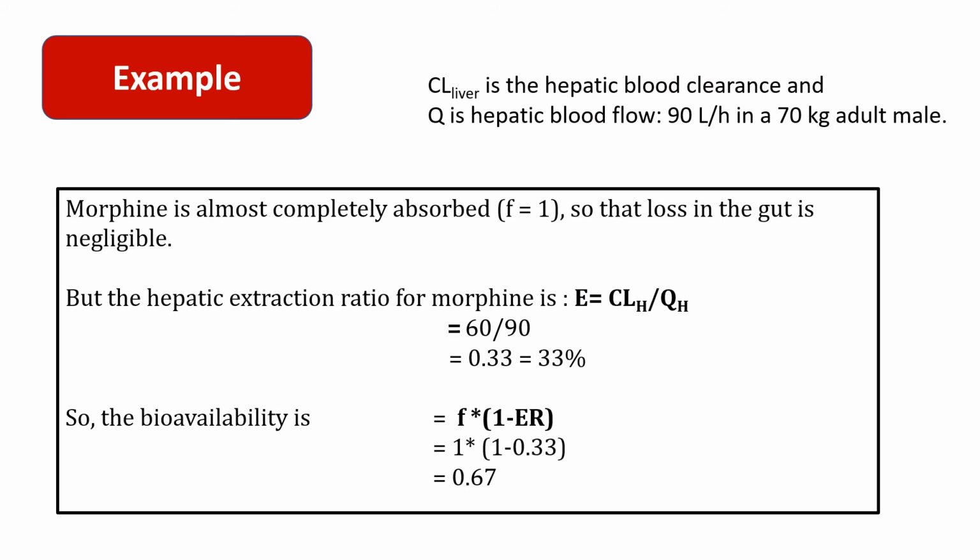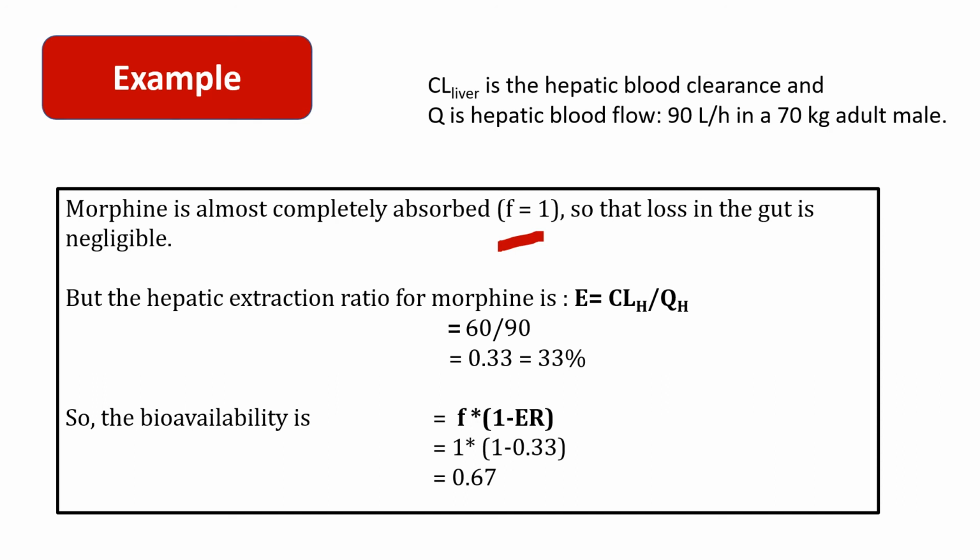Let's see another example, in the case of morphine. CL liver is the hepatic blood clearance and Q is the hepatic blood flow, which is about 90 liters per hour in a 70 kg adult male. The clearance of morphine, for example, is around 60. Morphine is generally completely absorbed from the gut, so small f is equal to 1.